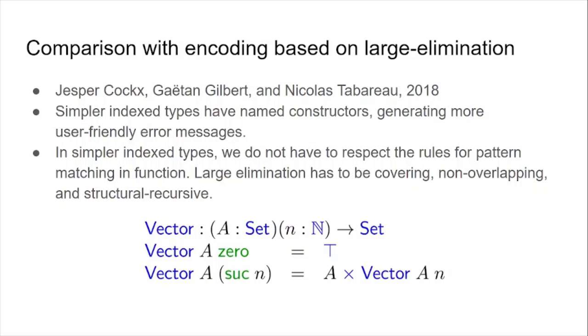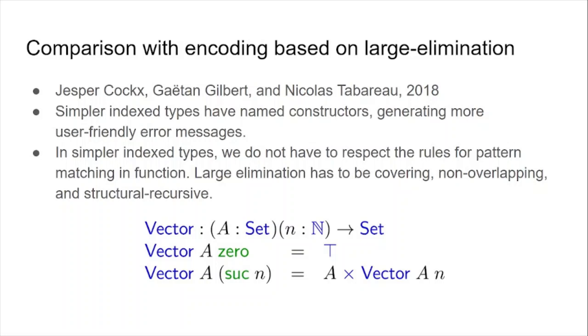First of all, they have named constructors, so they generate more user-friendly error messages. Second, in simpler index types, we do not have to respect the rules for pattern matching in function. A large elimination is a function, so it has to be covering, non-overlapping, and structural recursive. This is quite inconvenient to work with.